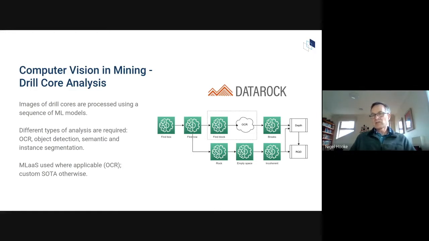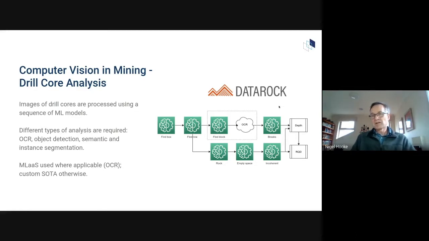Where there's writing on the rock, we want to read that writing to get the numbers off it. There's a number of distinct subtasks that have to be performed, and each one is its own kind of computer vision analysis. Finally, we can create quantitative analyses on the fragmentation, the veins in the rock, the depth at which these are occurring, and put all these together into various results that can be reported back to the mining company.